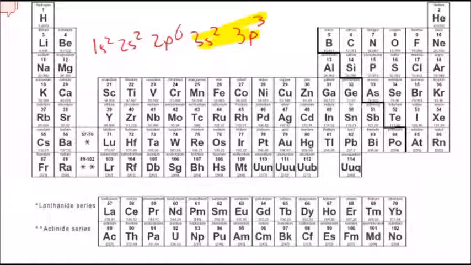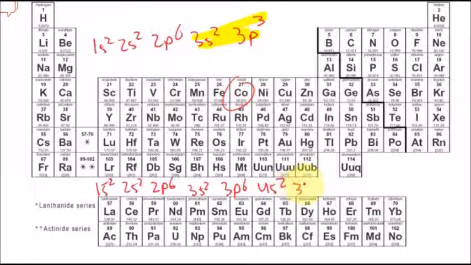Now let's look at another one. Let's look at cobalt. Cobalt is right here. The electron configuration is 1s2, 2s2, 2p6, 3s2, 3p6, and then 4s2, and then 3d7. 1, 2, 3, 4, 5, 6, 7, right?